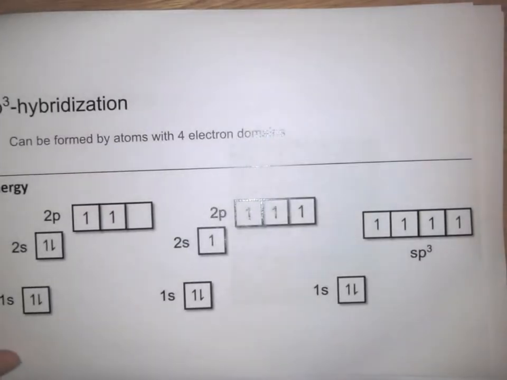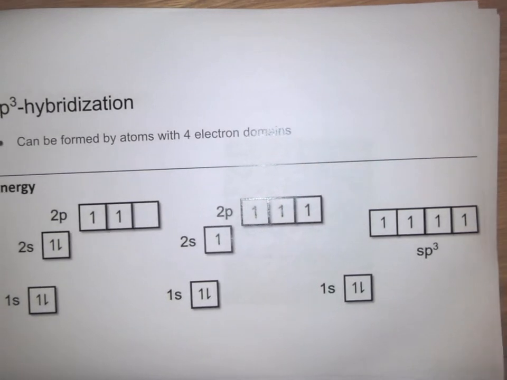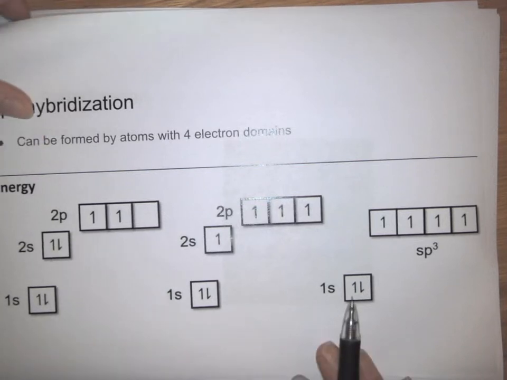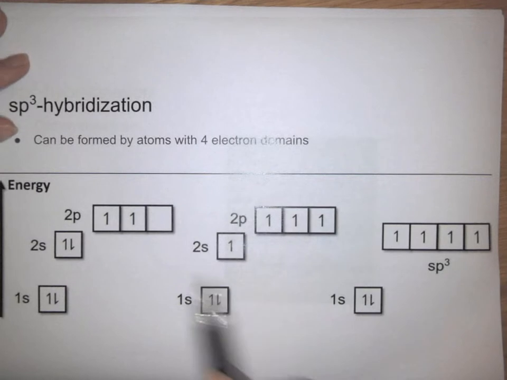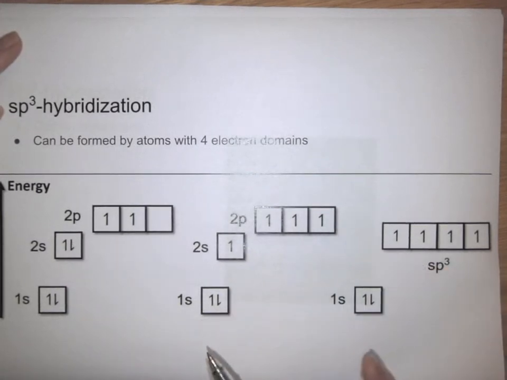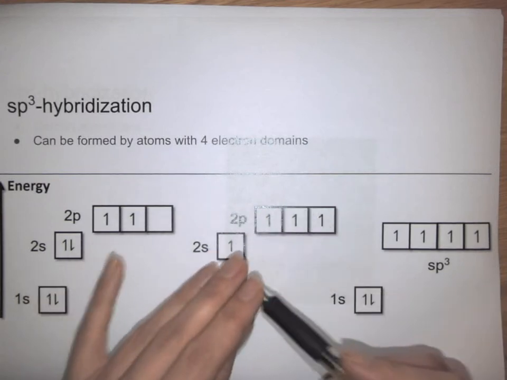When carbon creates this bonding with hydrogen, the first thing that happens is that an electron in 2s gets excited and moves up to the 2p orbital like this. What will happen later is that the 2s and the 2p will merge together.